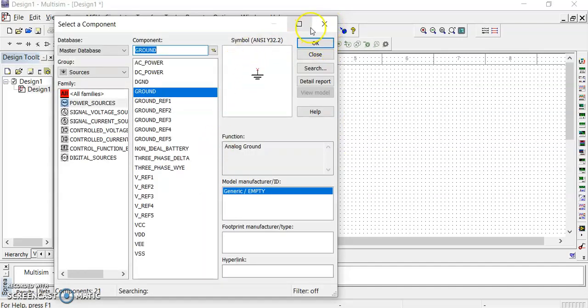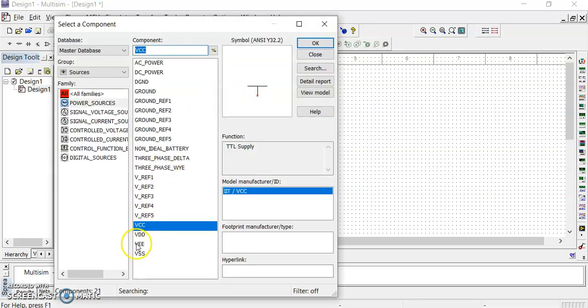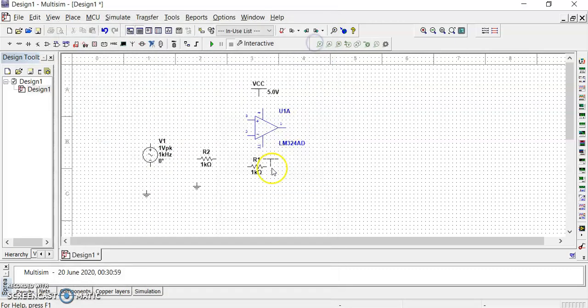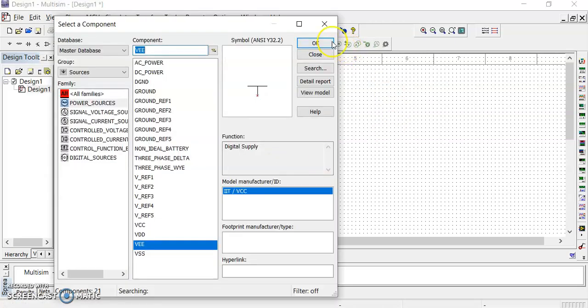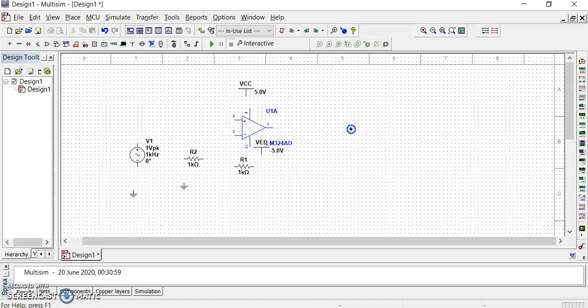And one more plus VCC here, minus VCC of minus 5 volts here, and next we take the output here and make the connections among all these components like this.